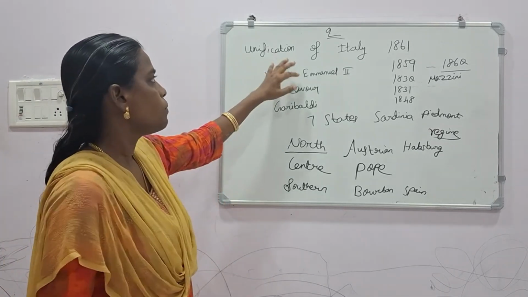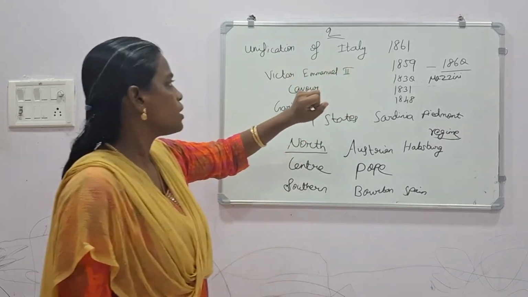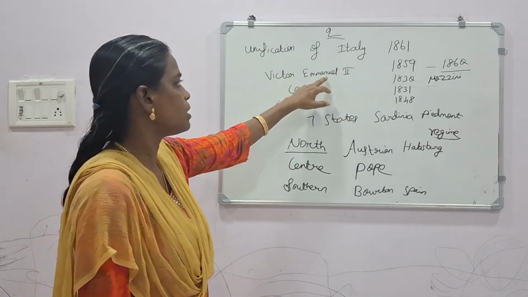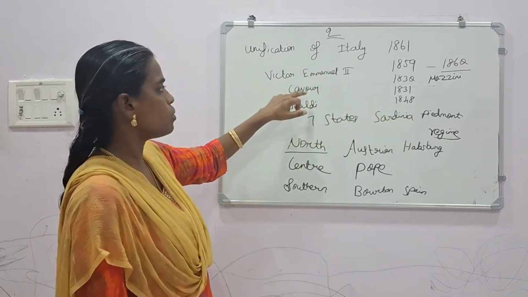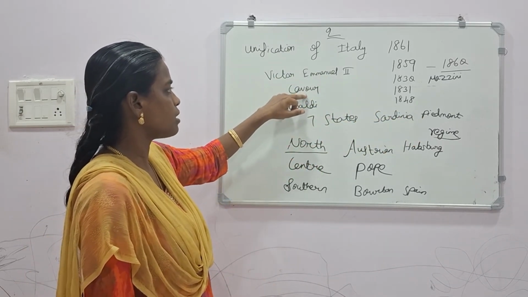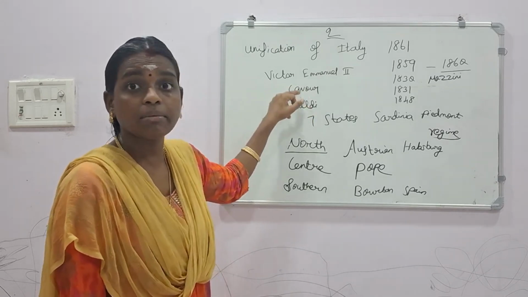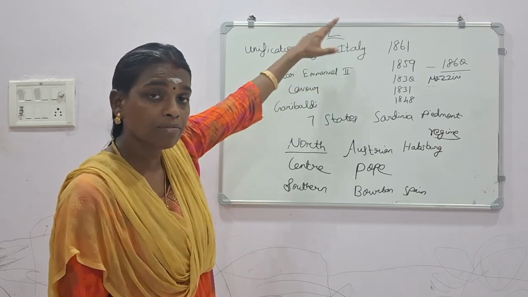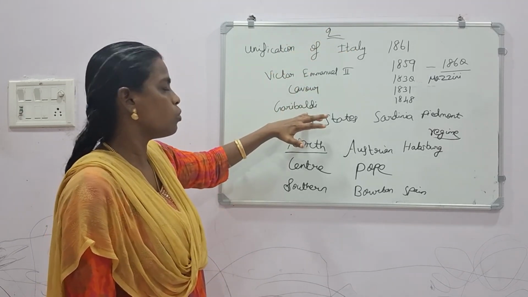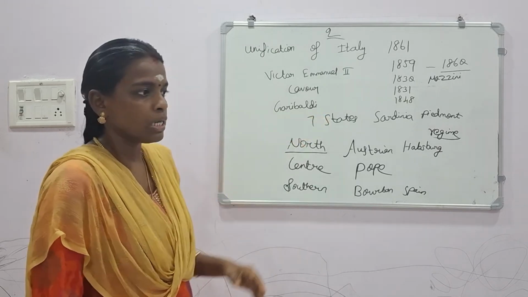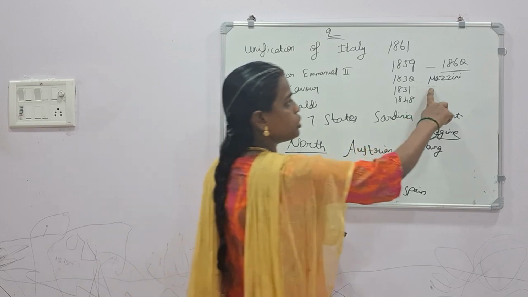So you should know when the unification of Italy was: 1861. You should know who Victor Emmanuel II was, the king of Sardinia-Piedmont. You should know who Cavour was: the chief minister who served Victor Emmanuel II in the formation of Italy. And then Garibaldi, Giuseppe Garibaldi, not Giuseppe Mazzini.